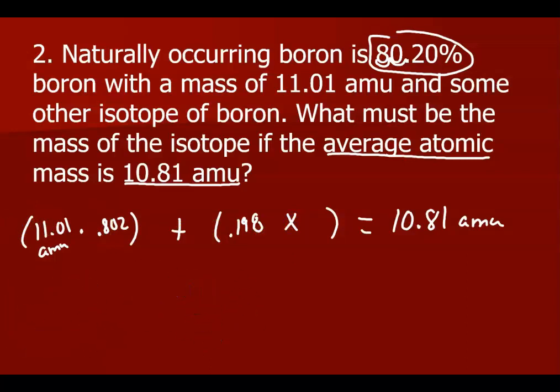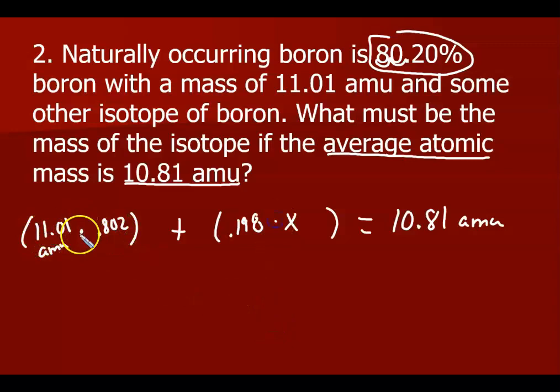So now we just have algebra, and a prereq for Chem 1 is to be able to do the algebra. I just noticed, that's okay. I could have put an X here, and I could have put my percentage there. My algebra teacher always made me put my X in the back, so that's what you're seeing going on there. They're just being multiplied, so it's going to be okay. So I'm going to multiply these.